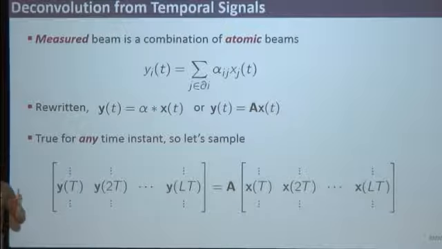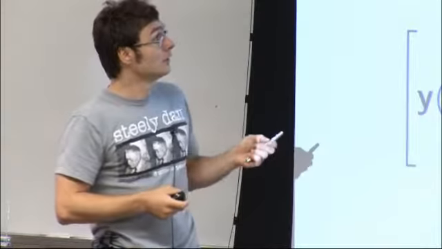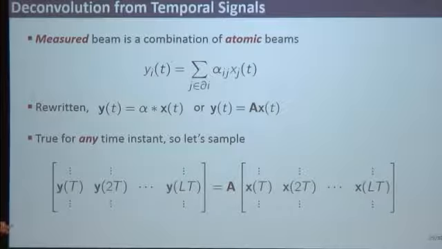Since this is correct for every time instant, we can sample the left-hand side and the right-hand side, and we obtain a matrix equation like this one here. Now observe that this matrix equation has some vertical structure determined by the convolution. So vertically, things on the left are some convolutions of things on the right with the beam.